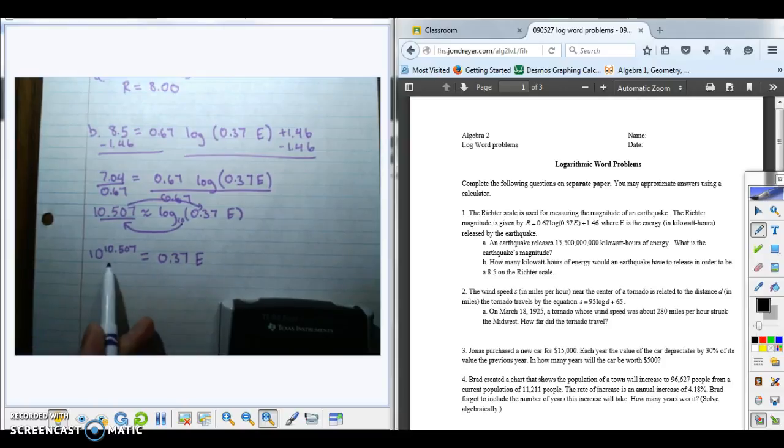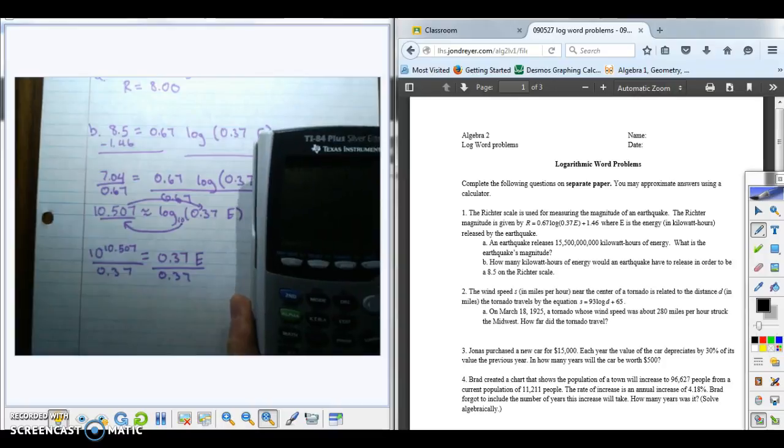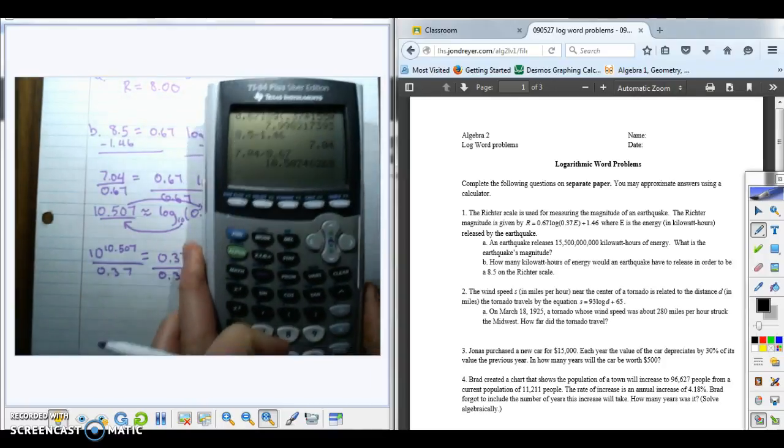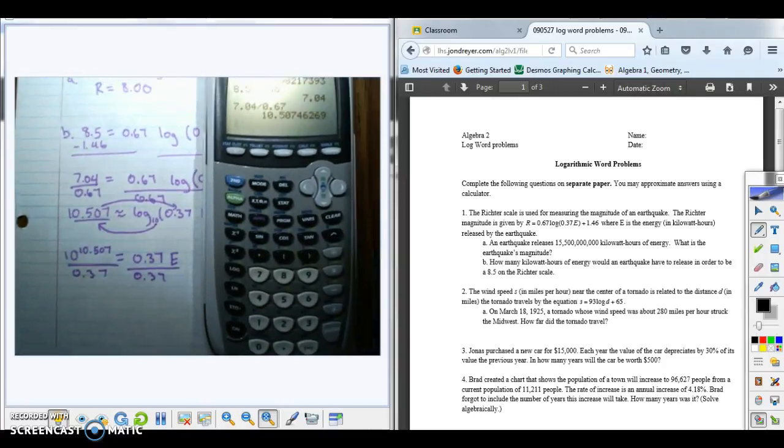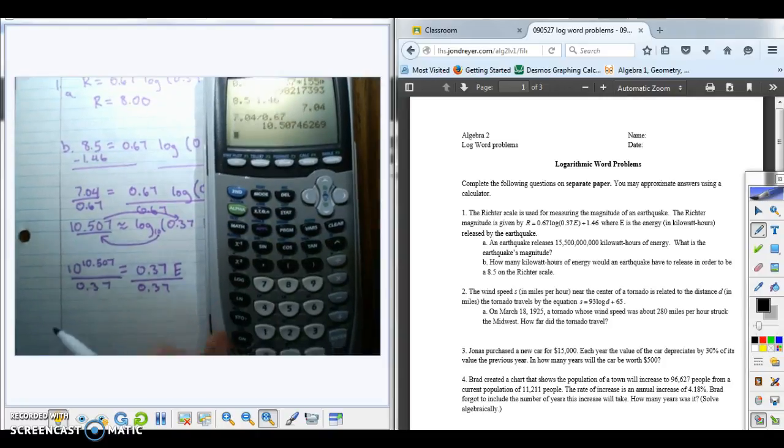Okay, now I could just get this to be a number, but I want to do all those calculations last. So to find out E, I'm going to divide by 0.37. I'm guessing it's going to be a fairly large number if we look at the original, which was what, 15 billion? So let's try it. What I'm going to do is take 10 to the x. If you see the log button, it's the second log.